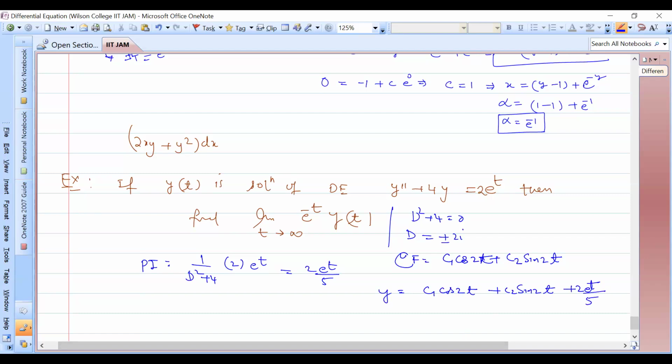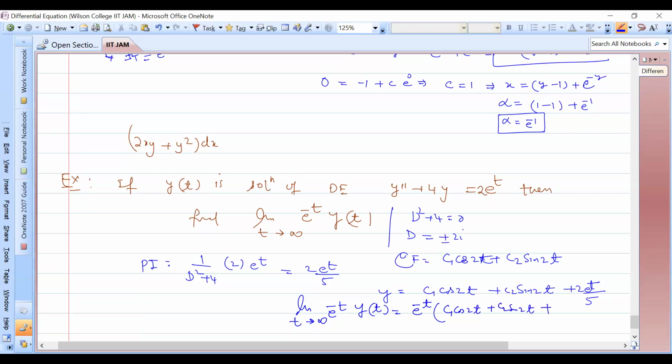Correct? So here, limit t tends to infinity, e raised to minus t into c1 cos of 2t plus c2 sine of 2t.